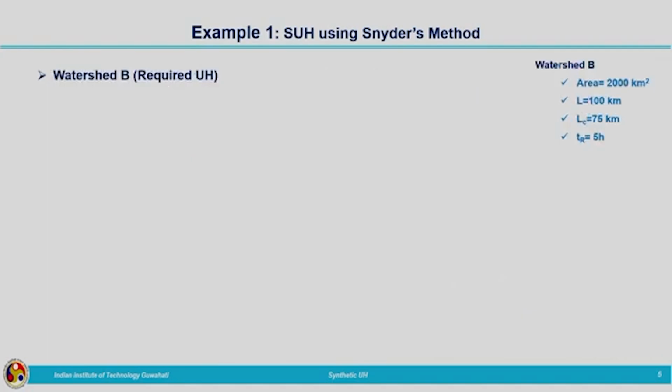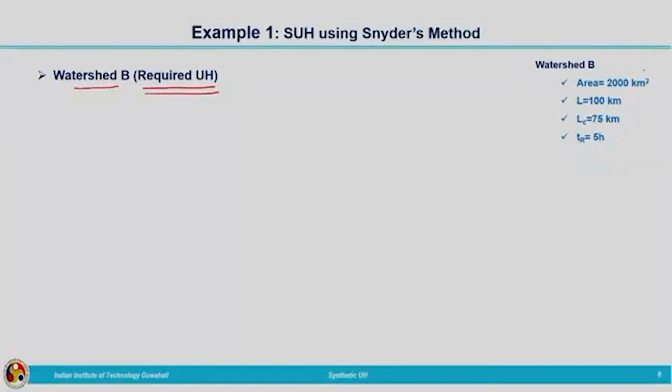Now, we are moving on to the next step related to watershed B, that is the derivation of the required unit hydrograph. The synthetic unit hydrograph which needs to be derived is for the ungauged catchment, that is termed as the required unit hydrograph.